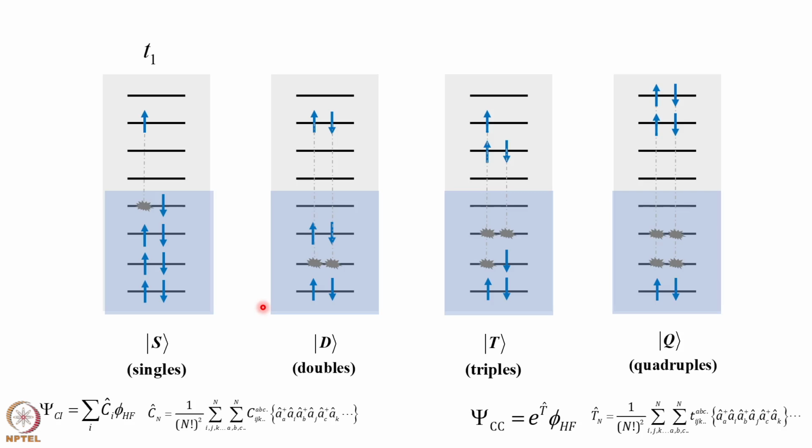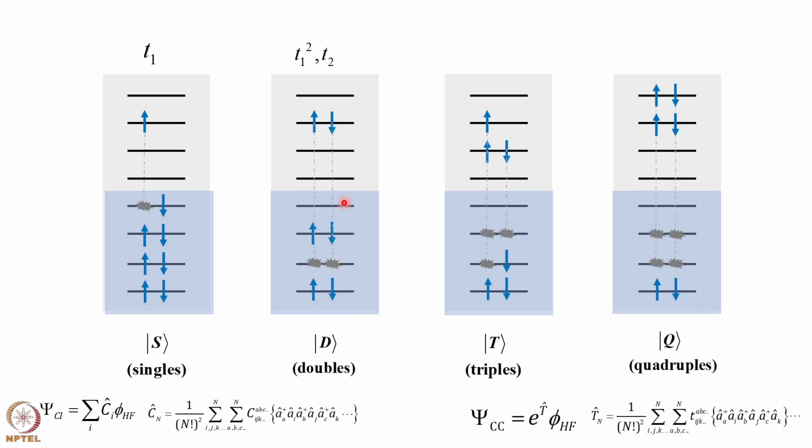Of course, the T1 amplitude will give me the weightage of the singly excited configuration, like the CI. For doubles, I can generate the doubly excited configuration in 2 ways. One is by the 2 body operator, and the second is by operating the 1 body excitation operator twice. So, I can directly have 2 electron excitation, or I can have 1 electron excitation sequentially.